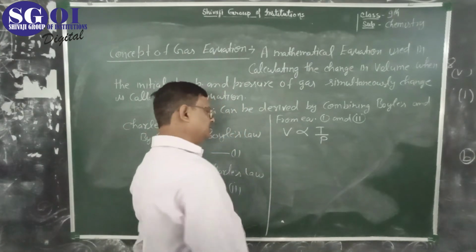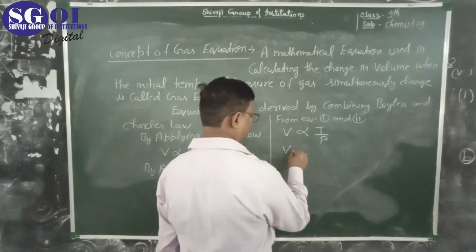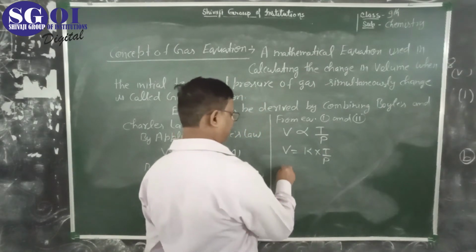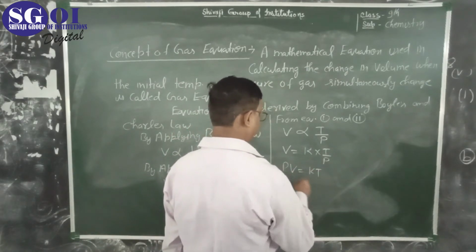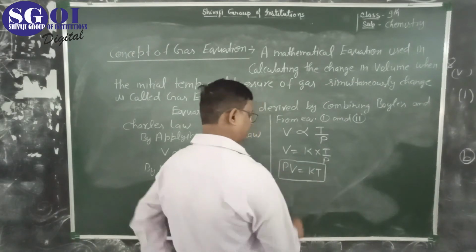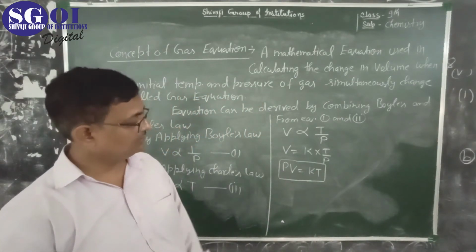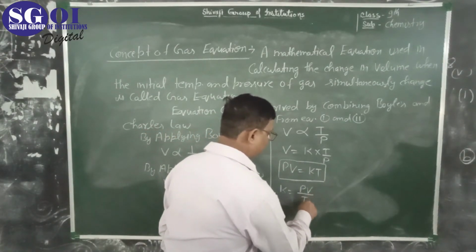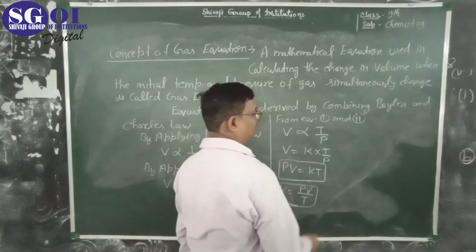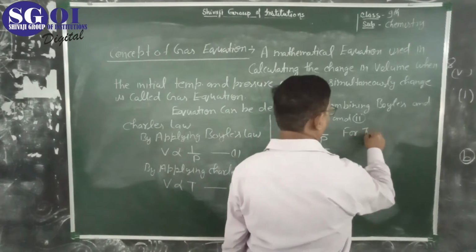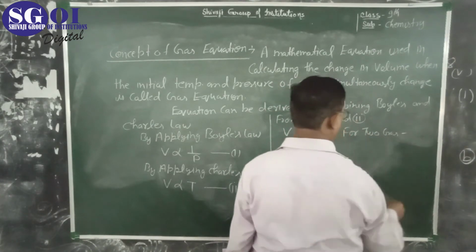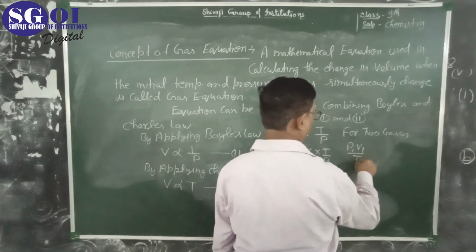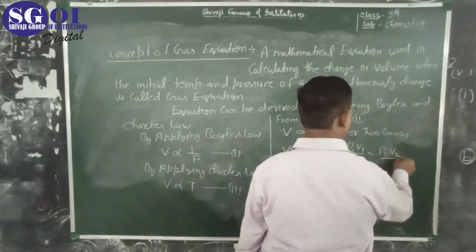By removing the proportionality sign, V equal to K times T upon P, or we can write PV equal to K into T. So K equal to PV upon T. For two gases, P1 V1 upon T1 equal to P2 V2 upon T2.